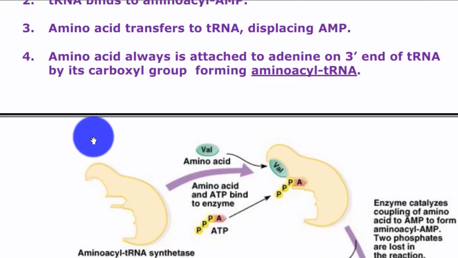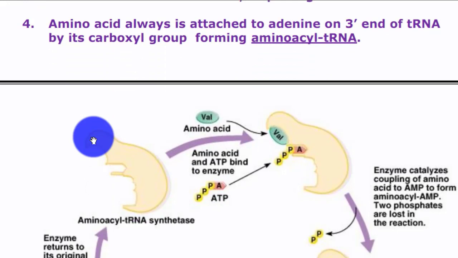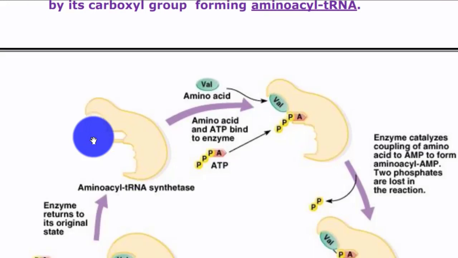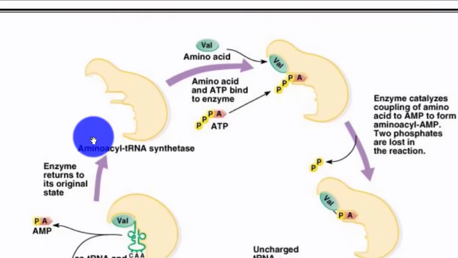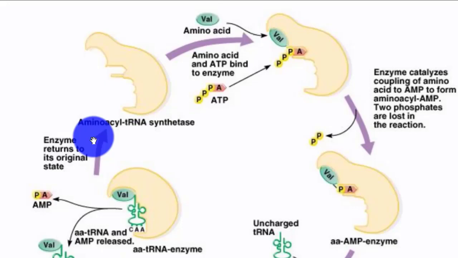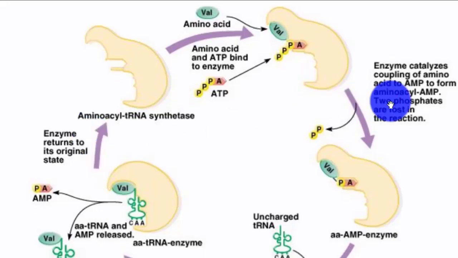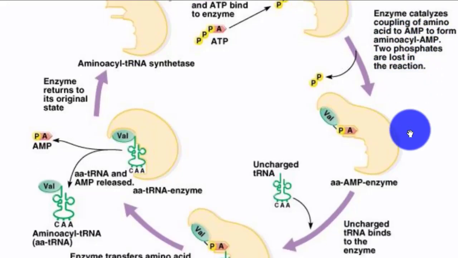The amino acid is always attached to adenine at the 3' end of the transfer RNA by its carboxyl group, forming aminoacyl transfer RNA. It is a series of enzyme-catalyzed steps: coupling of amino acid to AMP to form aminoacyl AMP.